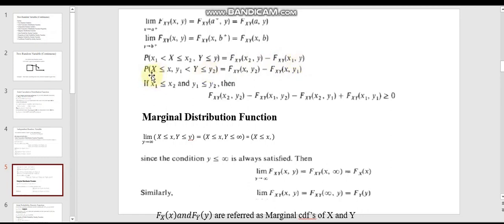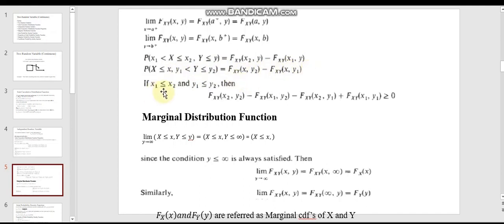Similarly, the probability that x is less than or equal to small x and y is greater than y1 and less than or equal to y2 is equal to F sub XY of x comma y2 minus F sub XY of x comma y1.